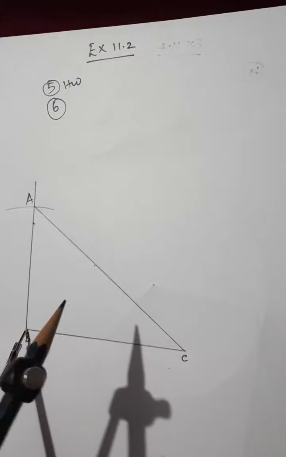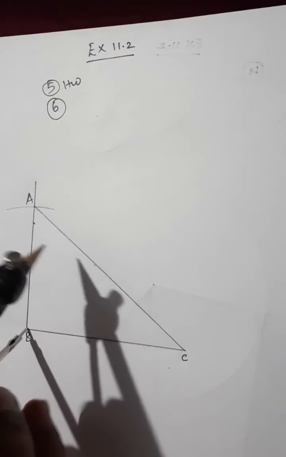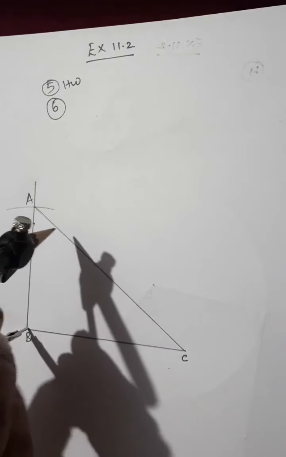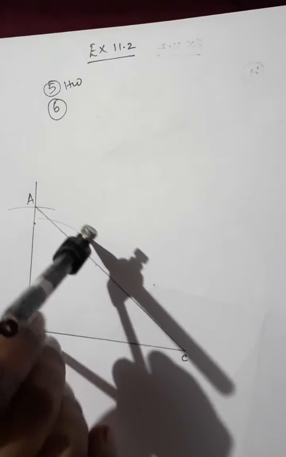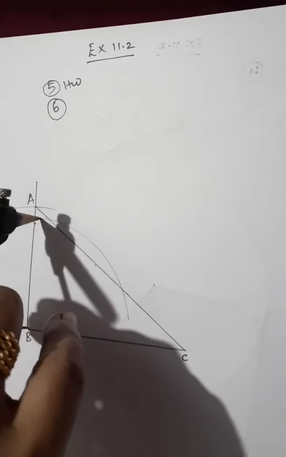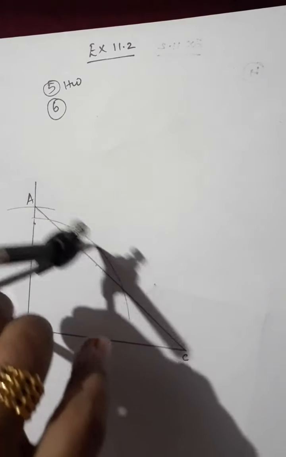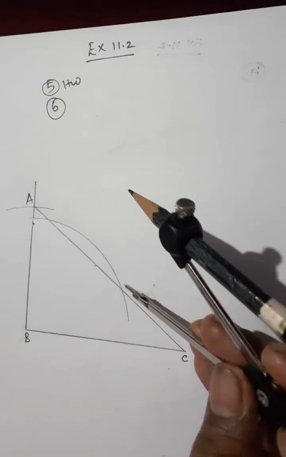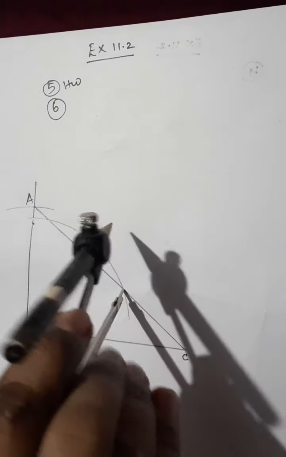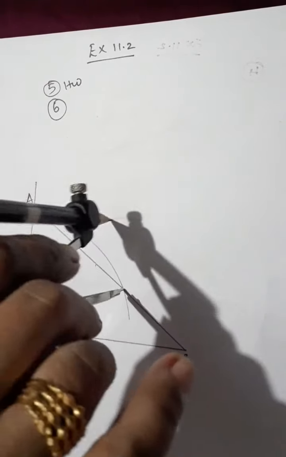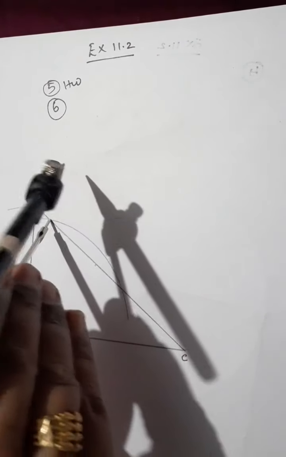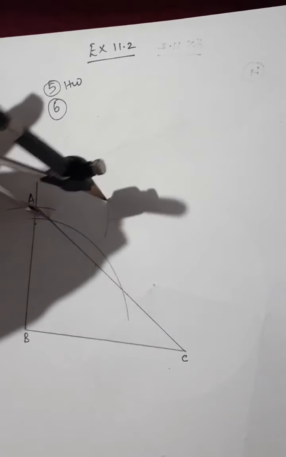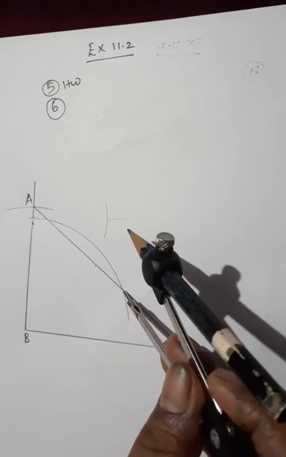Here we keep the compass and extend it to reach two points. One umbrella construction we can do. This is the way: draw one arc from B to intersect AC at two points. Then after that you can keep the compass on those points and draw two arcs, once again from here.